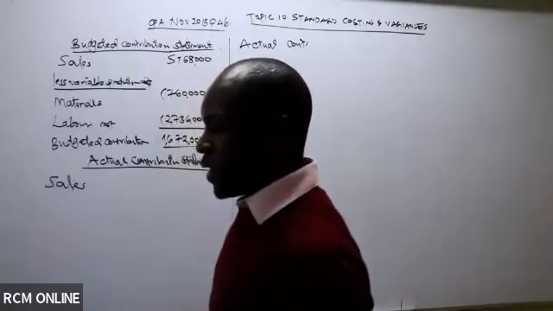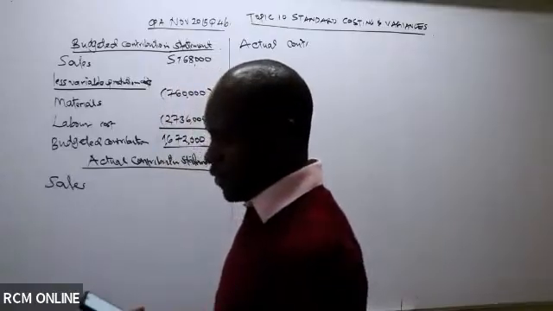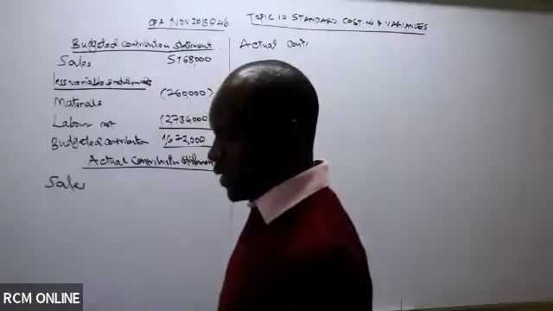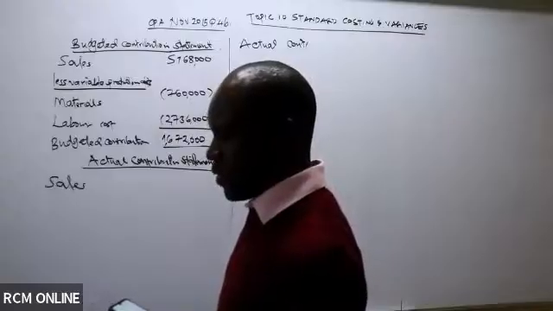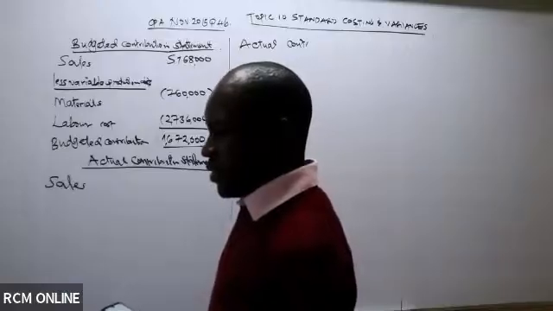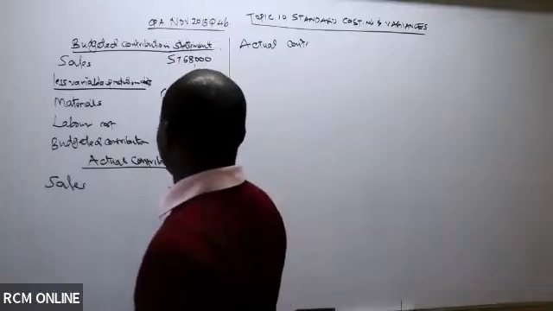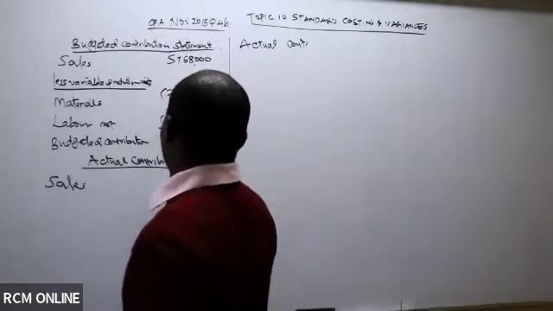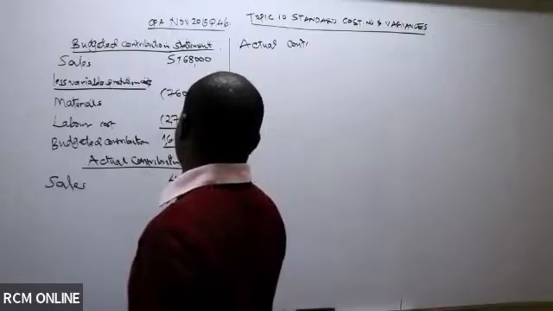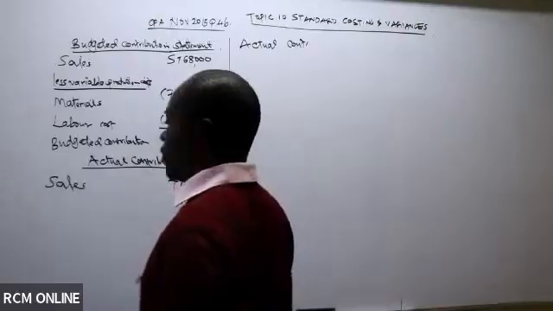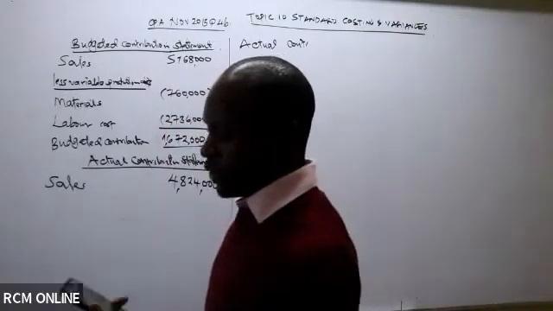Good. So 134 by 36,000. How much is it? 4,824,000.